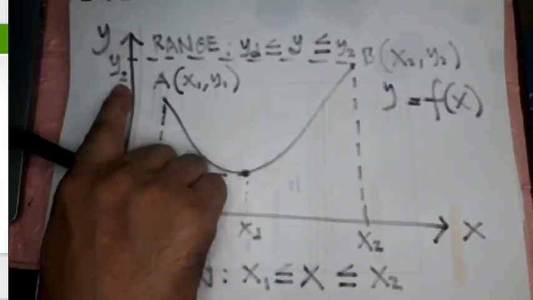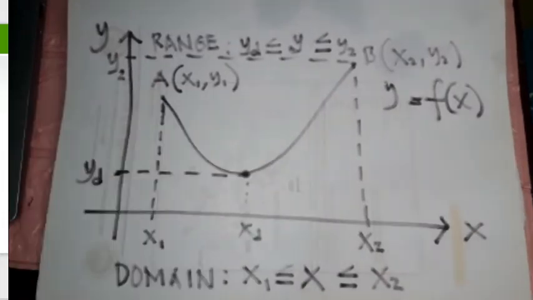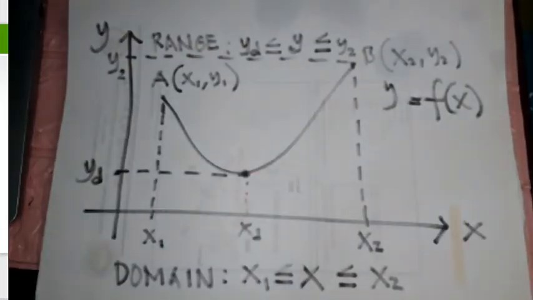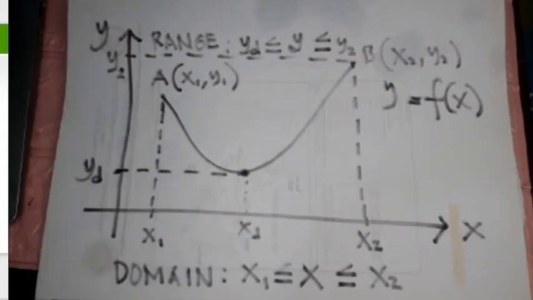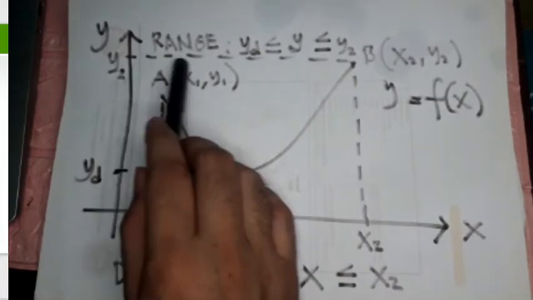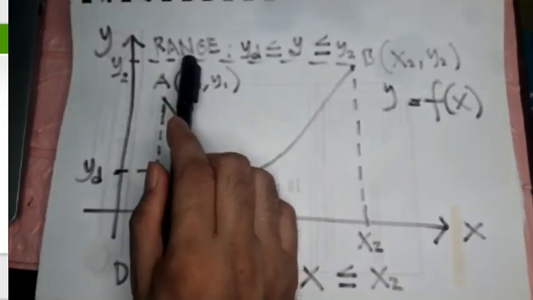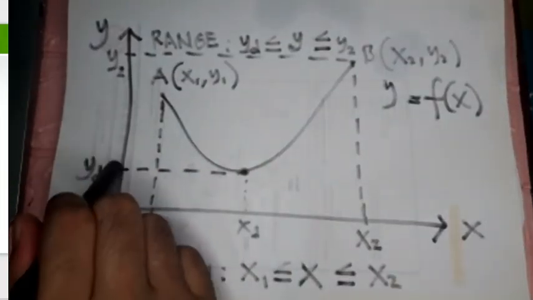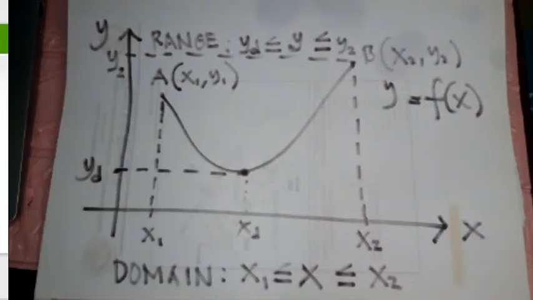The range of values is from yD to y2. That is what we meant by range. It is a range of values from yD to y2. So this is the minimum value to the maximum value.